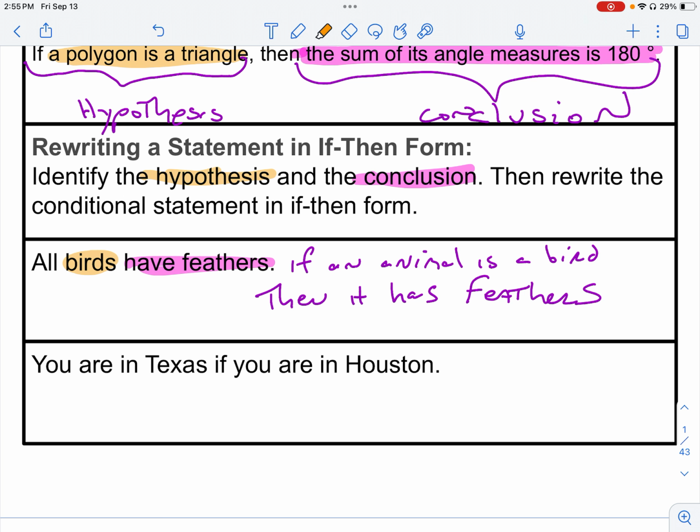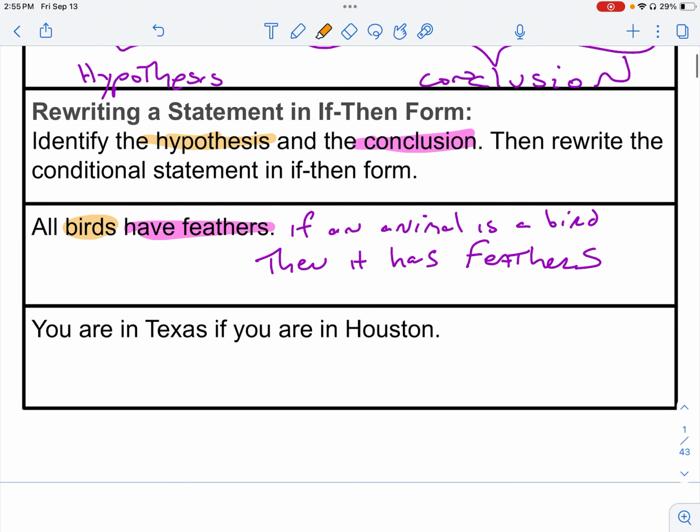All right, next one, same process. So what's our hypothesis going to be? If you are in Texas, if you are in Houston. Well, the if kind of gives it away. Here, the second half of the sentence is going to be the hypothesis, and the first half is the conclusion, because being in Texas depends on whether or not we're in Houston.